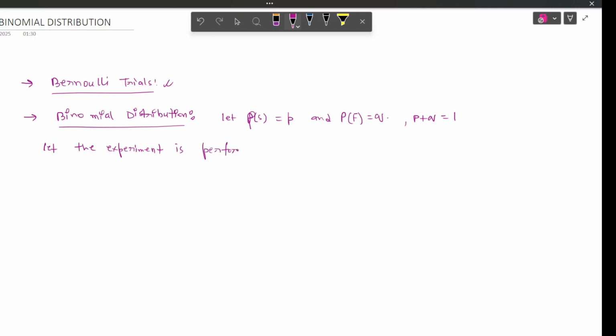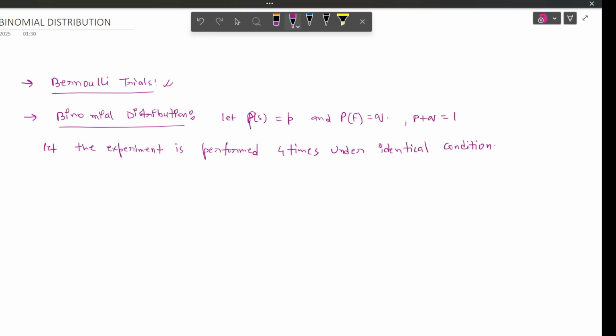And we want to find the probability of 3 successes.